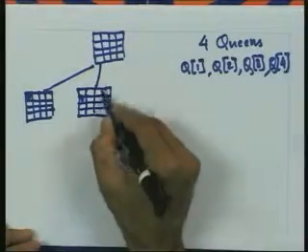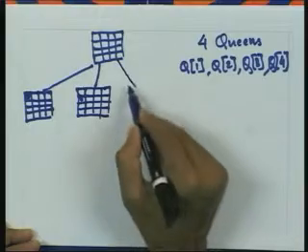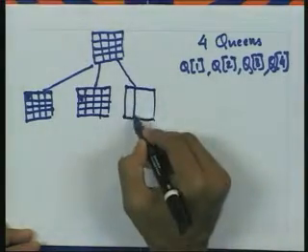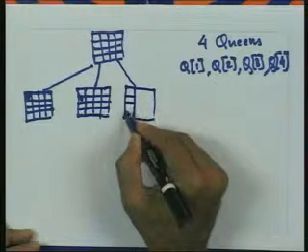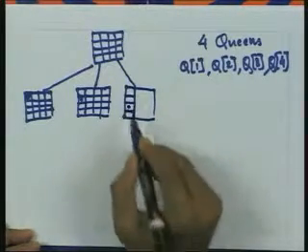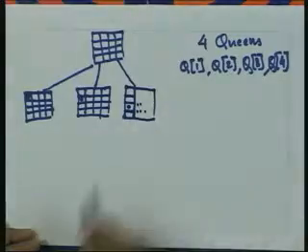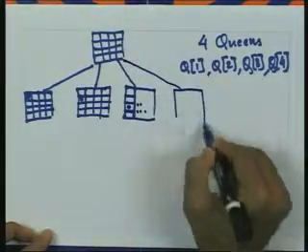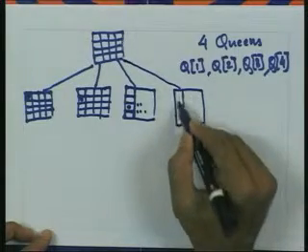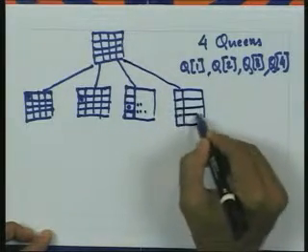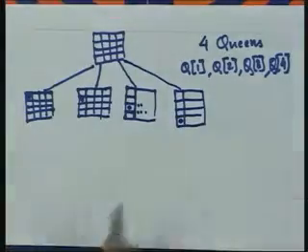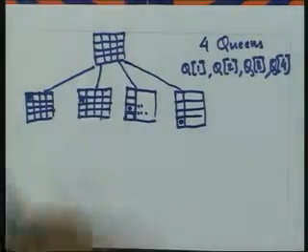Of course, it's not necessary that we place it in the second row, but we might place it in the third row as well. So this is that corresponding position, and of course we can place it in the fourth row. I'm not drawing the entire board, but I'm just telling you where the queen is going to be placed.